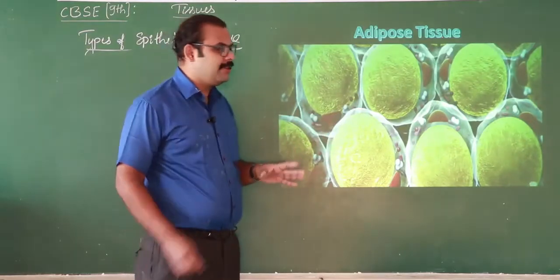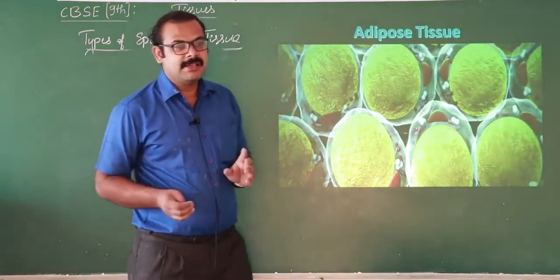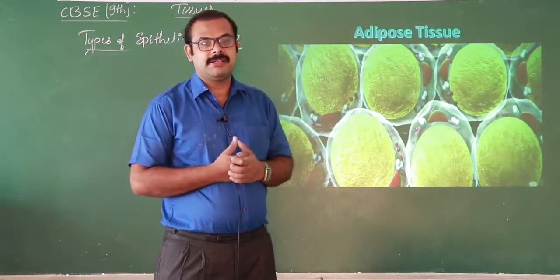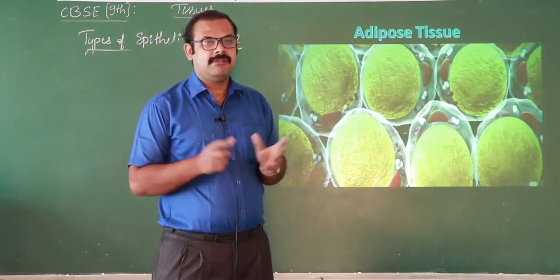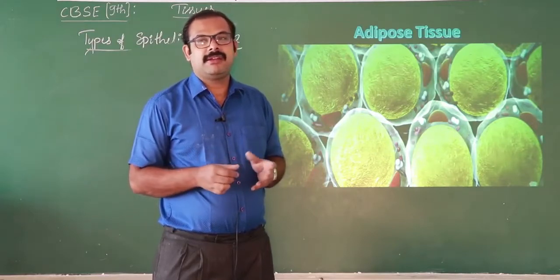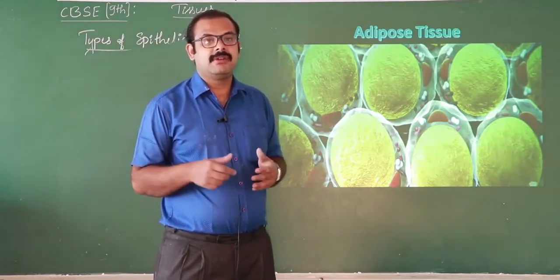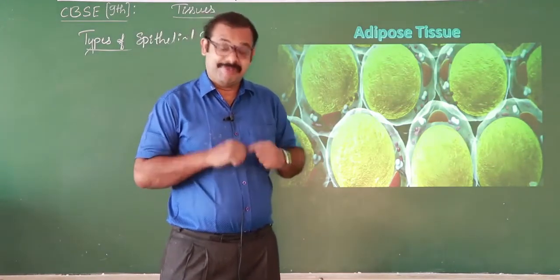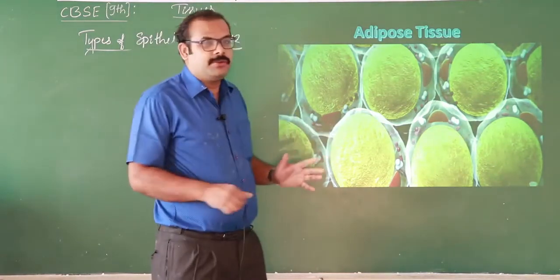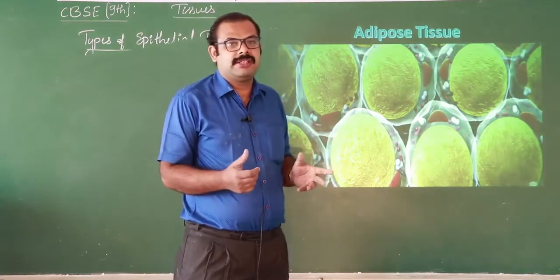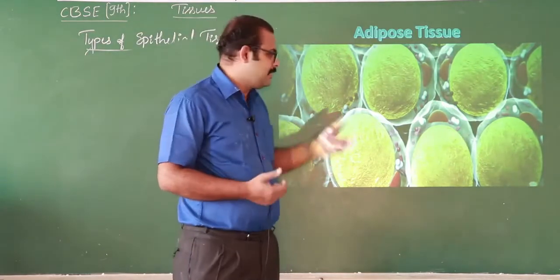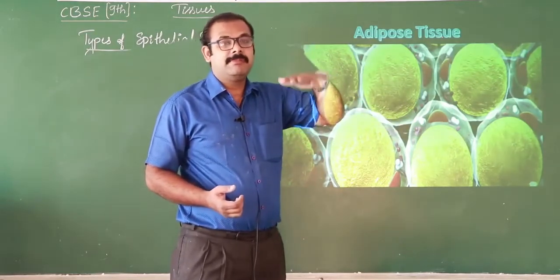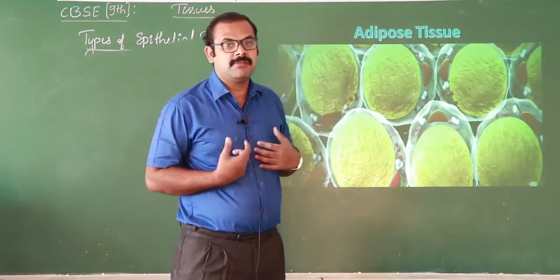Adipose tissue is mainly situated just below the skin. That's why sometimes you might observe that those who are very thin get cold easily, they will be shivering. But those having very hefty fat don't usually feel the cold, because the fat prevents loss of temperature from the body.